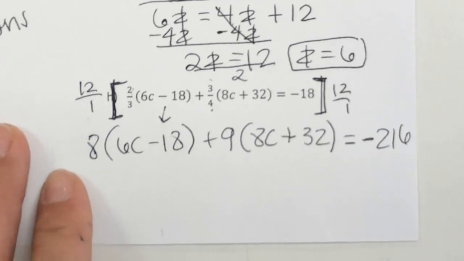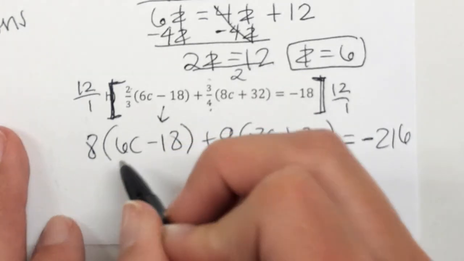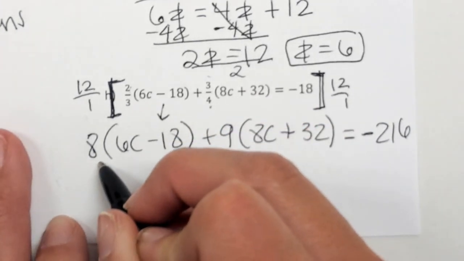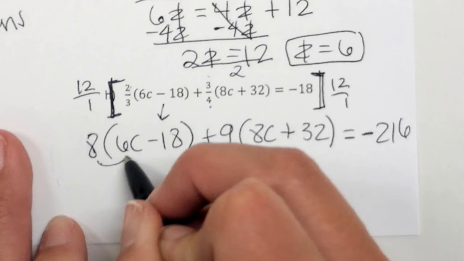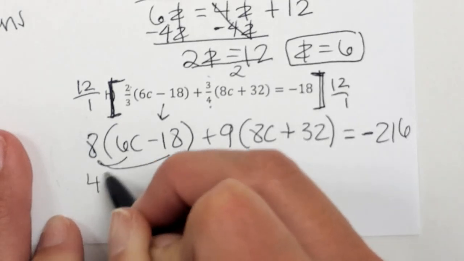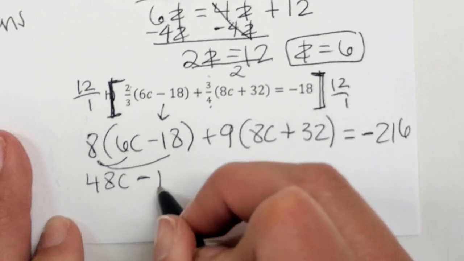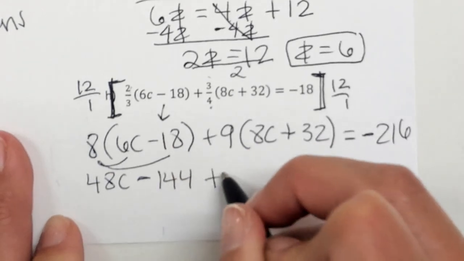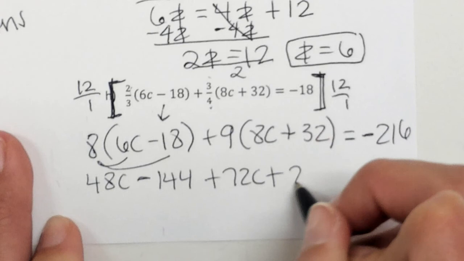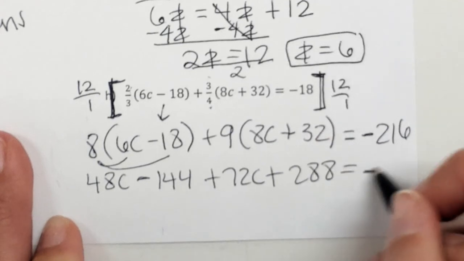Okay. Go ahead, Michaela. 8 times 6c is 48c. 8 times negative 18 is negative 144. And minus 8c is 72c plus 288 plus 216.